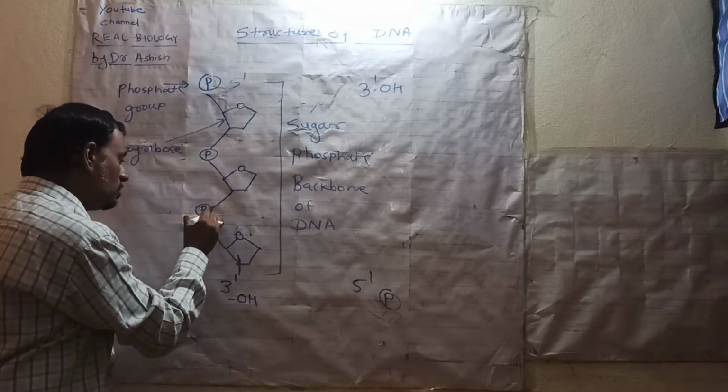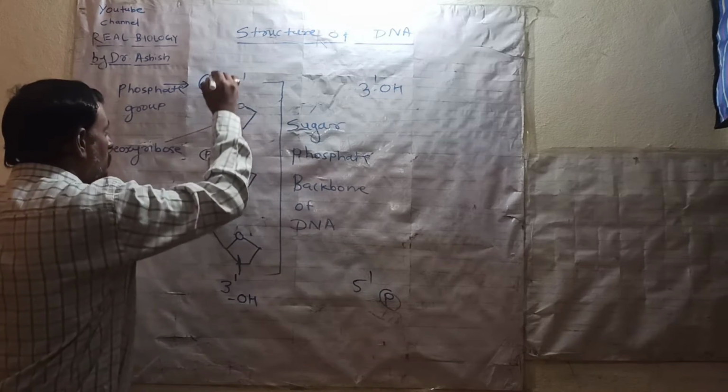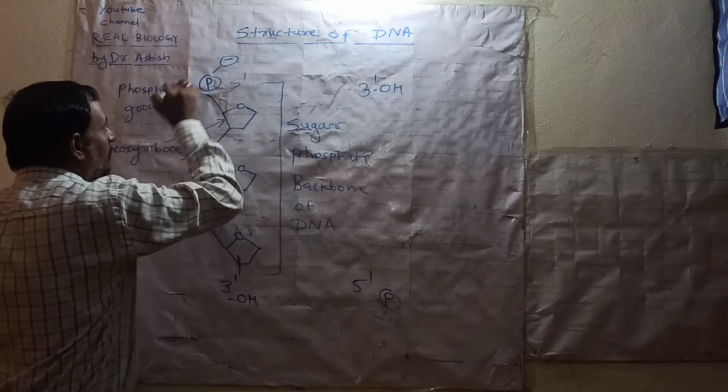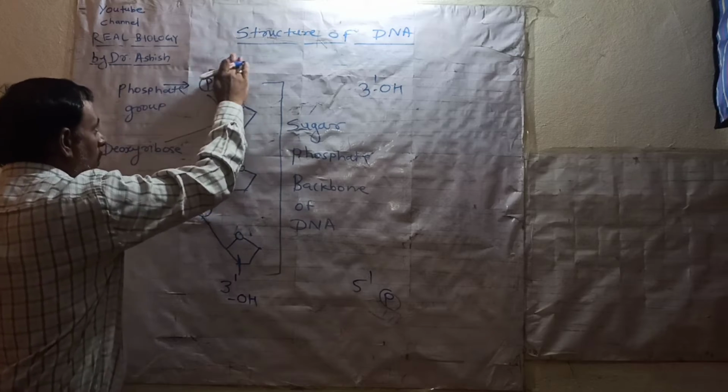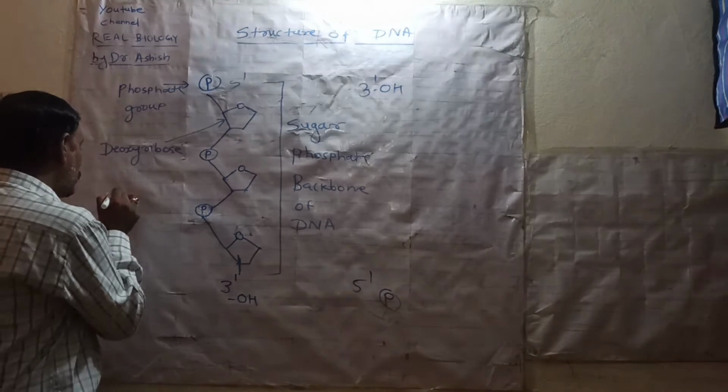It is strengthened by this sugar phosphate backbone, and this phosphate group carries a negative charge. So that's why DNA is negatively charged.